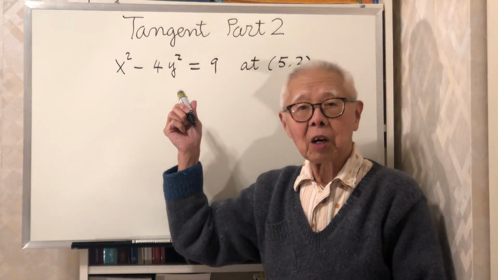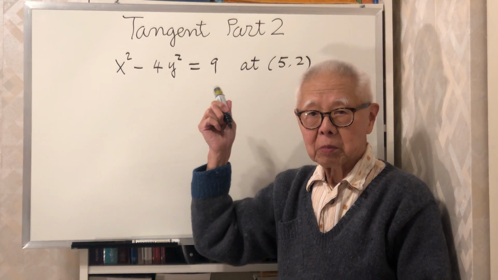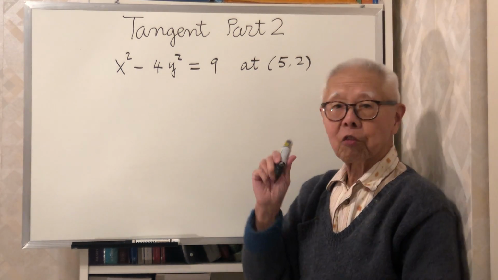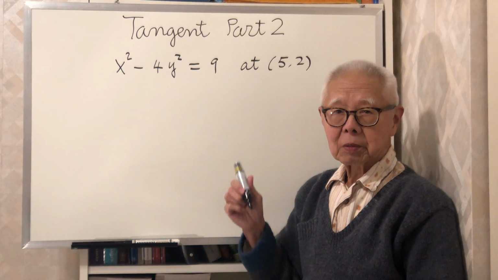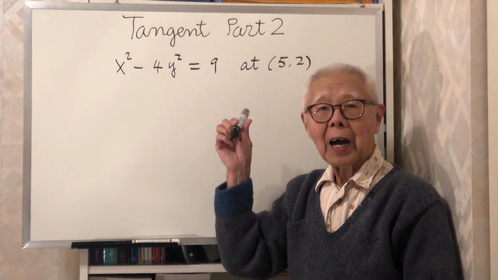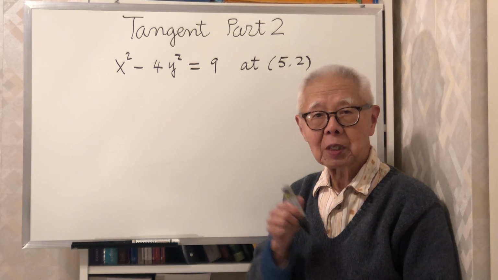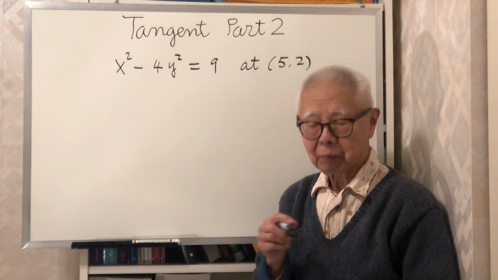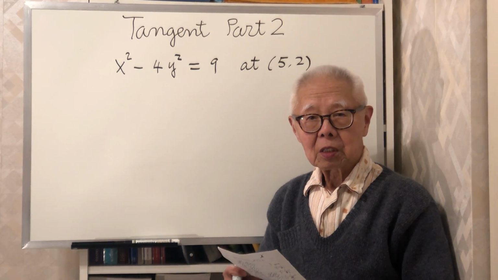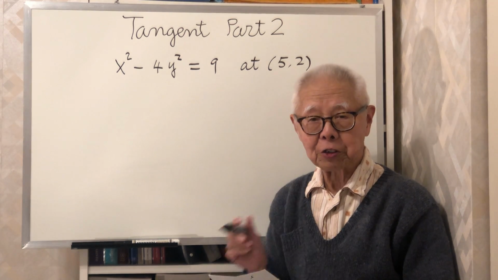Again, we have a function, and a point is given, 5, 2, and we want to find the equation of the tangent at this point, and also the equation of the normal at this point. Like what we did before, the first step is to find the slope of the tangent.